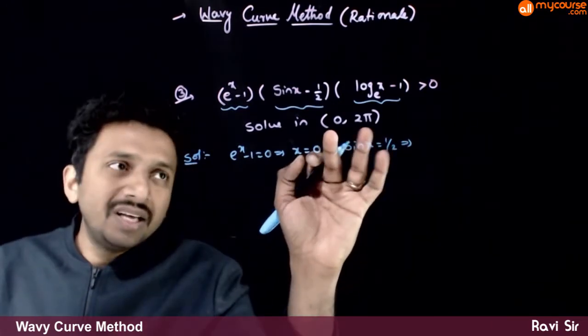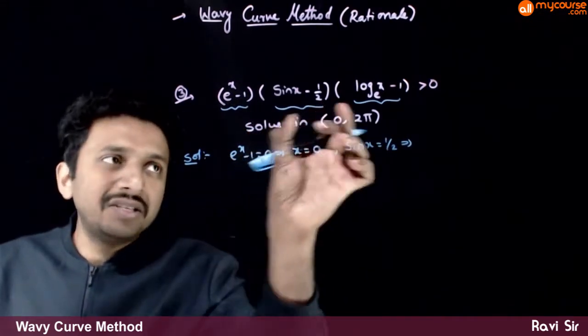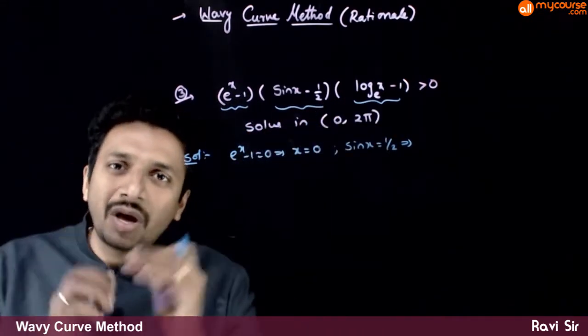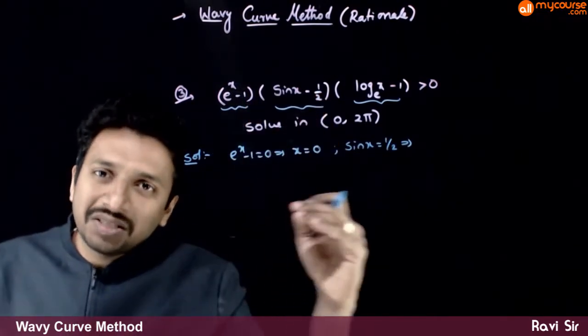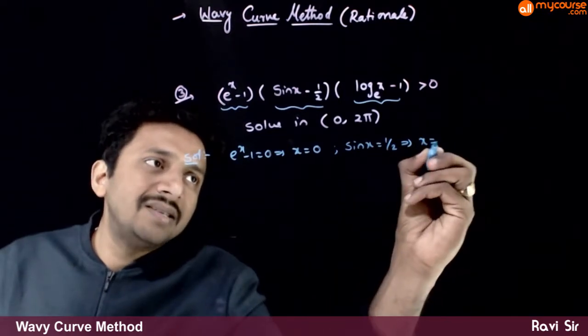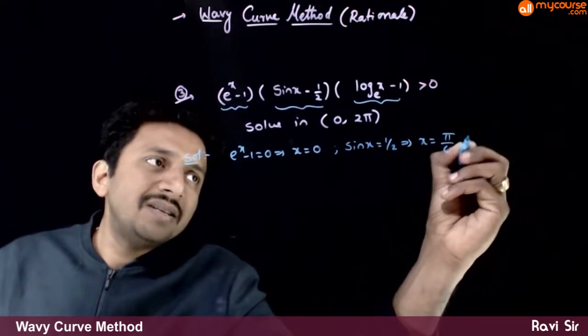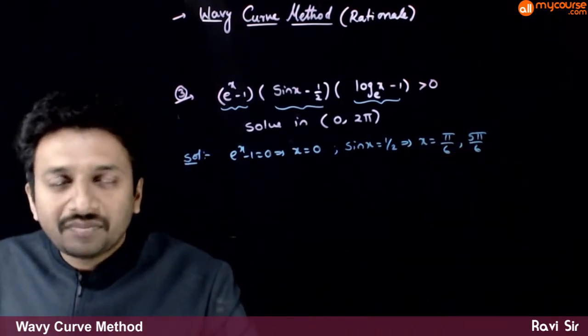You're asked to solve in 0 to 2 pi. Whenever you get trigonometric functions in the inequalities, you'll be asked to solve within a particular interval, because sin x goes on changing sign indefinitely. So sin x is equal to half implies x is equal to pi by 6 and 5 pi by 6. These are the two solutions.